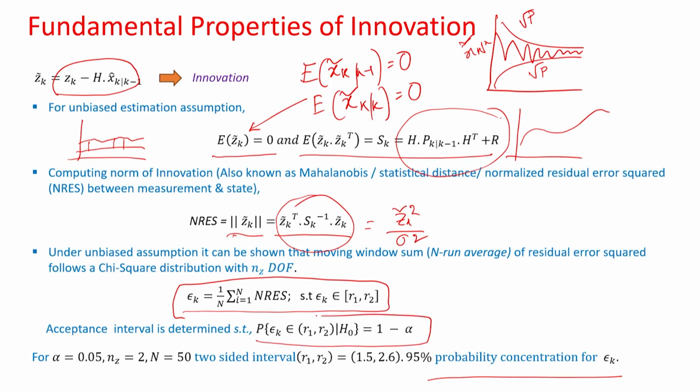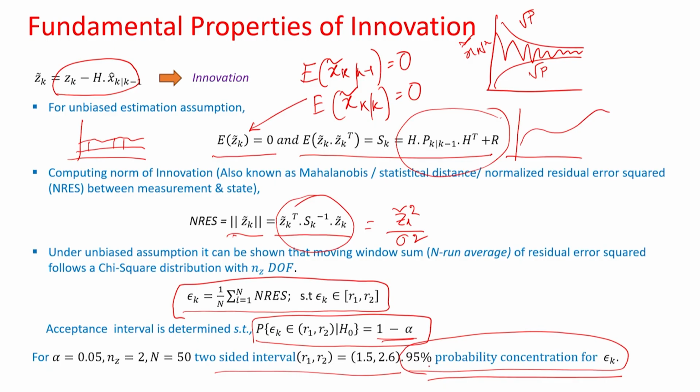Suppose the probability that your windowed sum of the innovation belongs to R1 R2 given hypothesis 0 is 1 minus alpha. So, if you take alpha equal to 0.05, that is a 95% confidence interval, with a two sided interval like this, your probability concentration of 95%.